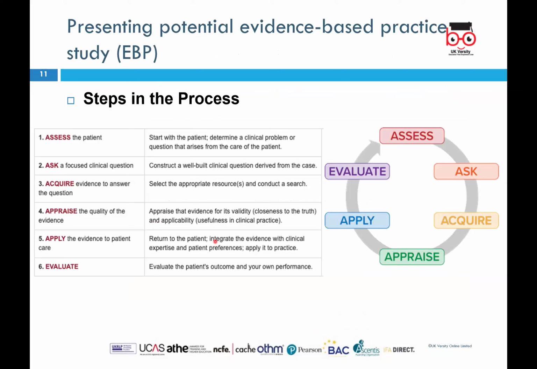It starts with assess, ask, acquire, appraise, apply, and evaluate. The first step, assess the patient. Start with the patient, determine a clinical problem or a question that arises from the care of the patient. Let's say it's bed sores in patients who are old, just an example.